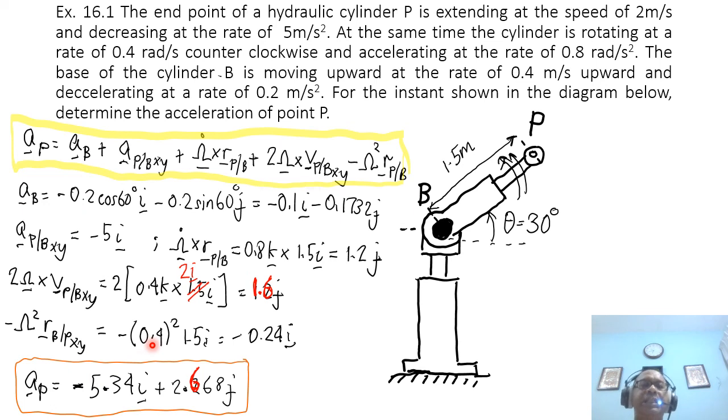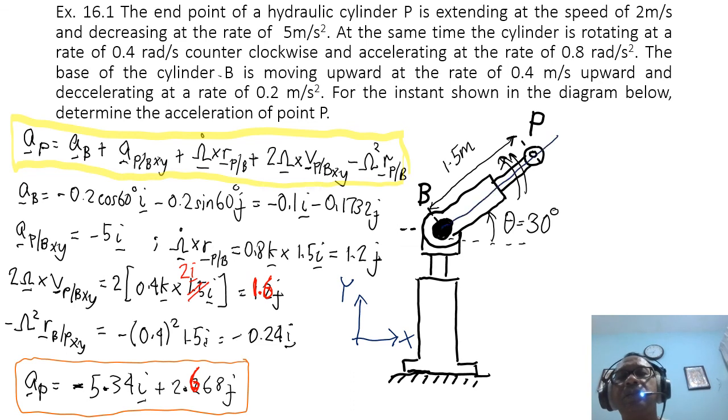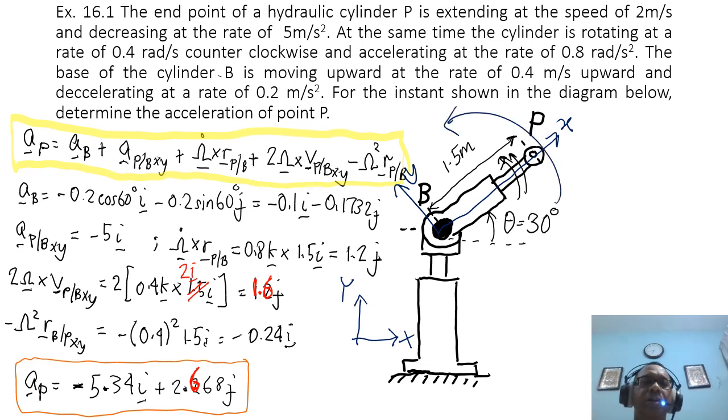So the key here is to understand where is your fixed coordinate, and where is your rotating coordinate, small x and small y, and how it rotates, and from there you apply all this knowledge.